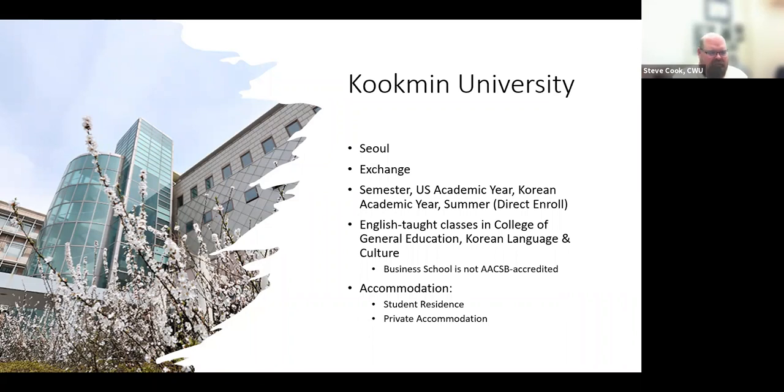They do have a business school, however, it is not AACSB accredited, so that's not going to be a good option for students from the College of Business who want to take business classes. And then again, as with the others, student residence and private accommodation are the two accommodation options.